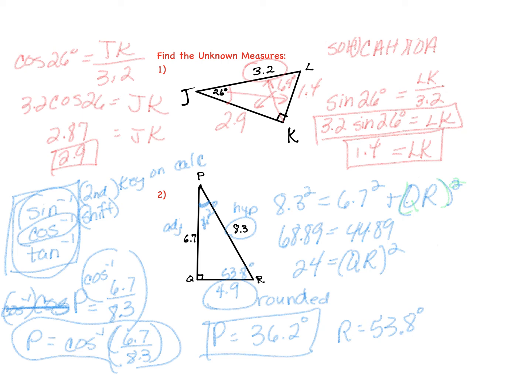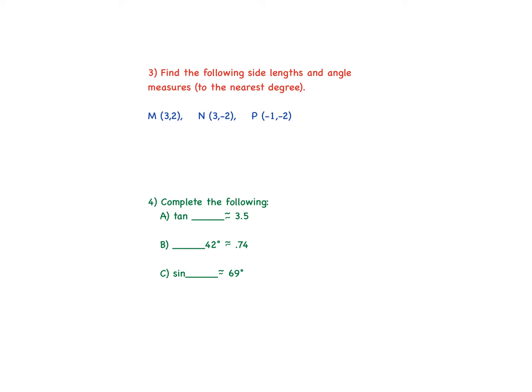And I wanted to just make sure we took a time to refresh our memory on this inverse thing. So let's see what we have next. All right, here's one. It says find the following side lengths and angle measure to the nearest degree. All right, they gave me some coordinates.